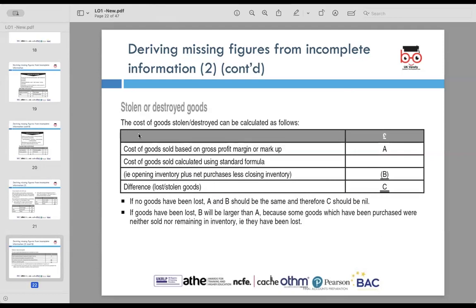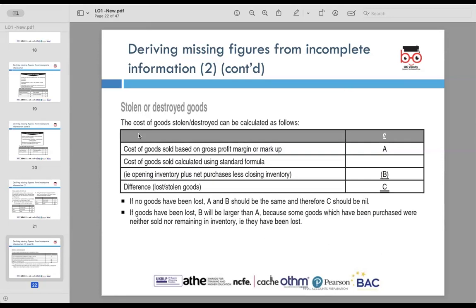So, the cost of goods sold based on gross profit margin or markup: by comparing the cost of goods sold, calculated using the standard formula, opening inventory plus net purchases minus closing inventory, with the actual goods sold, accountants can identify discrepancies that suggest lost or stolen goods.